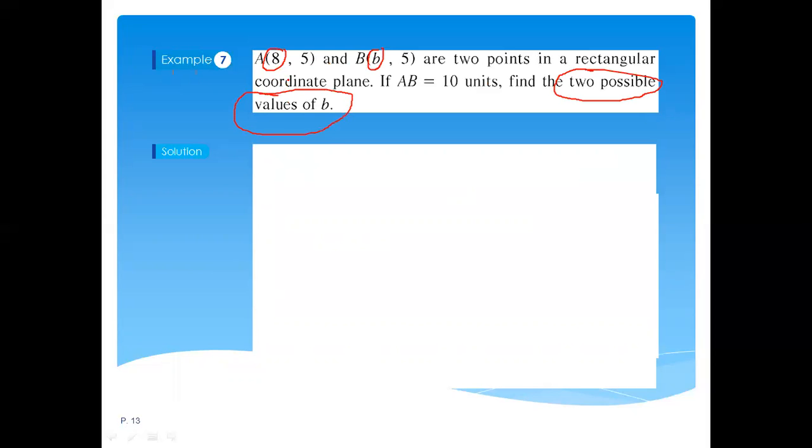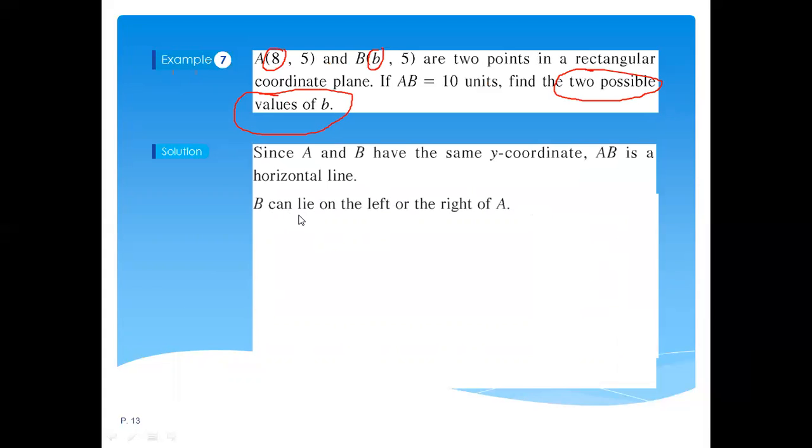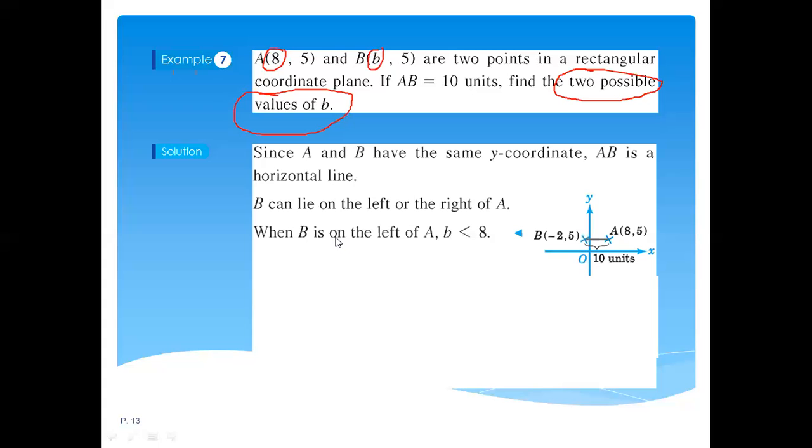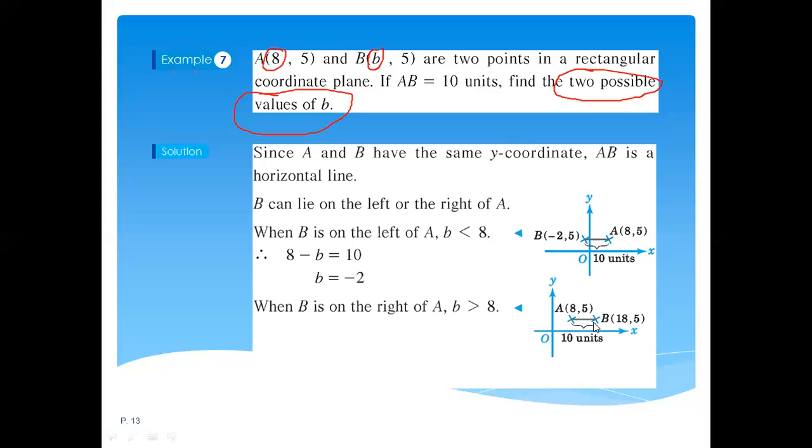So the first possible case: b can be on the left or on the right. If b is on the left, so this is small, 8 is large. So the large minus the small, you have b is -2. The other possible case is b is on the right.